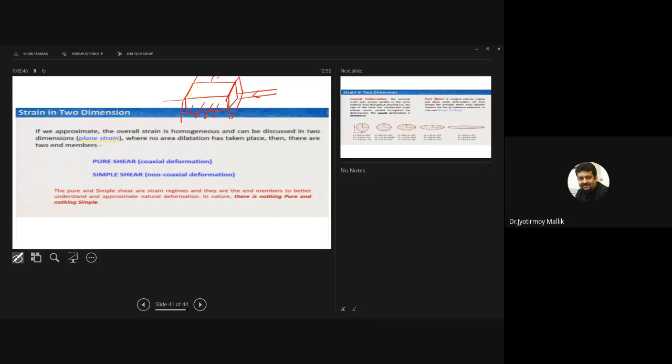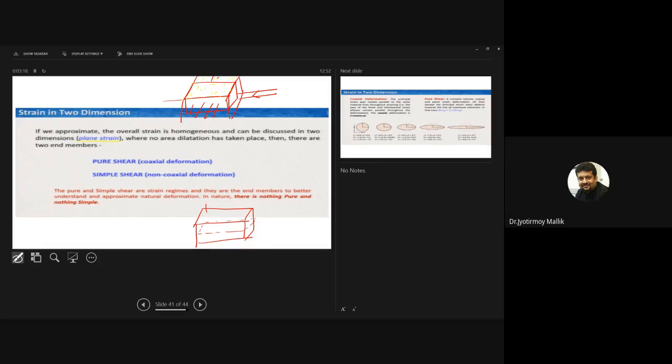I am not allowing the material to flow in the vertical direction. Okay, so in other words, this is my plane, this is my body. Okay, and I am only allowing this XY plane to contain the deformation. I am stopping the Z direction.